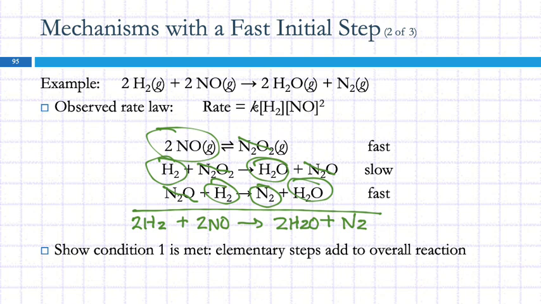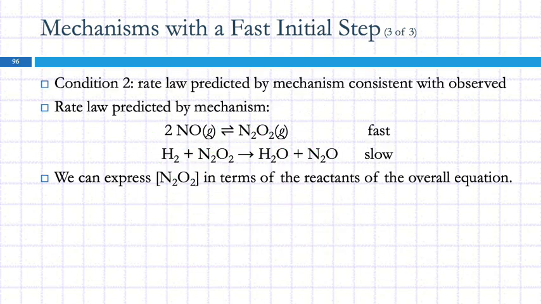See how that works? We did this like Hess's law, adding stuff together. So condition 1 is met. Any questions about that? My question is, what's on the next slide? Oh, okay, cool.